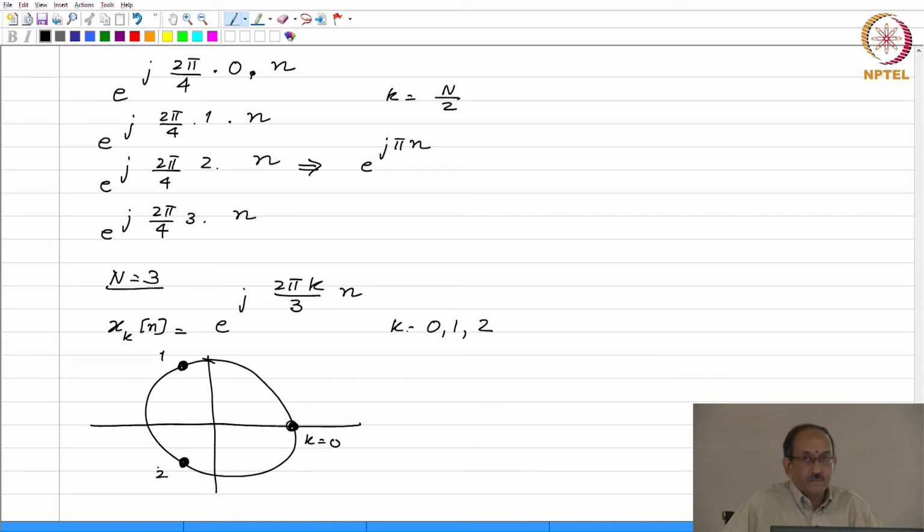So, these are the 3 values of k, and these are the values of k times omega naught that I have plotted on the circle here. Notice that in this particular case you do not hit the highest value of pi, all right.